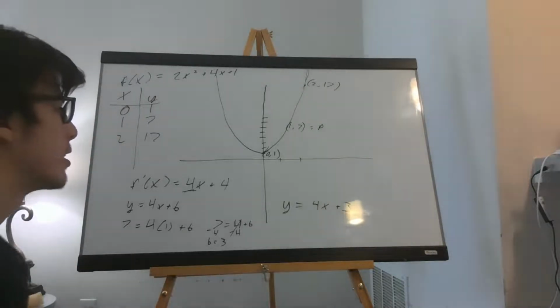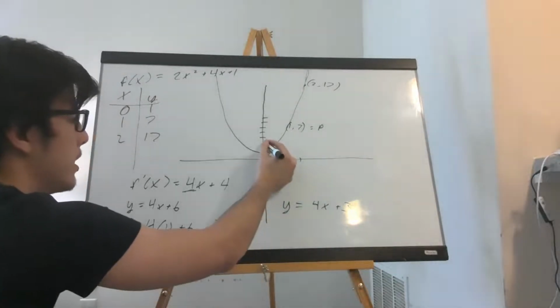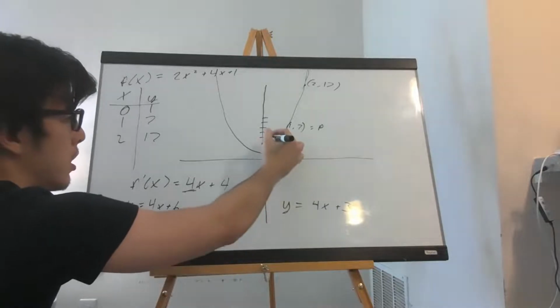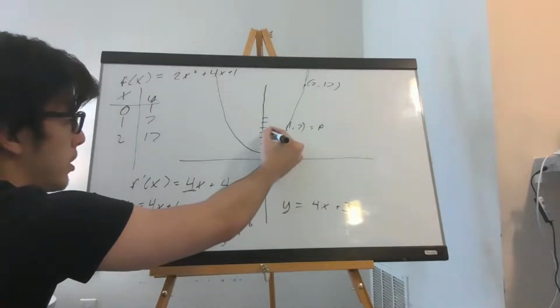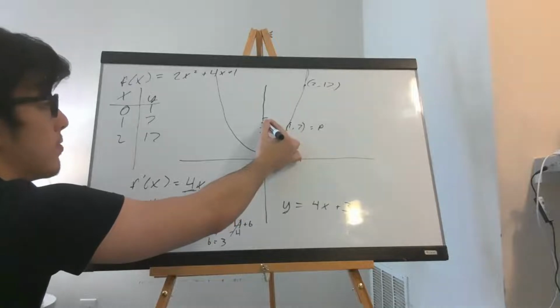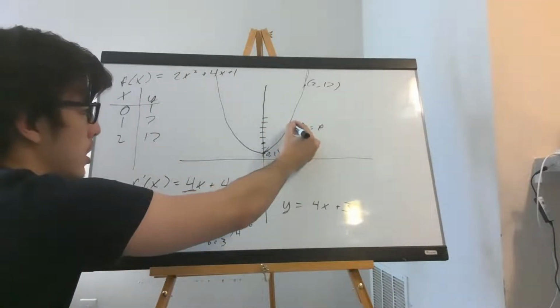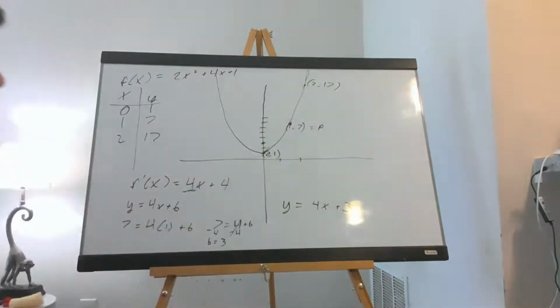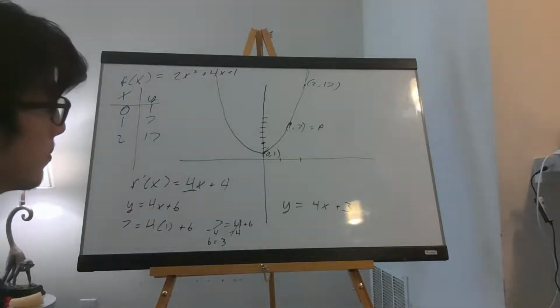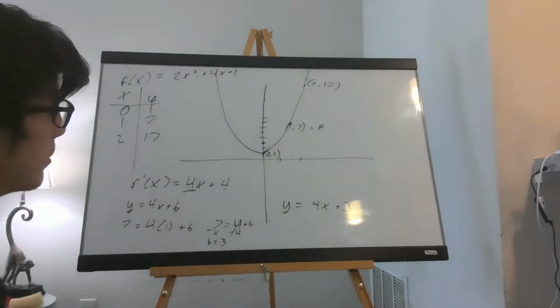So why don't we test this? 3 up, 1, 2, 3, 4. 3 plus 4 is 7, and then over 1. So yeah, I would say that works. Wait a minute.